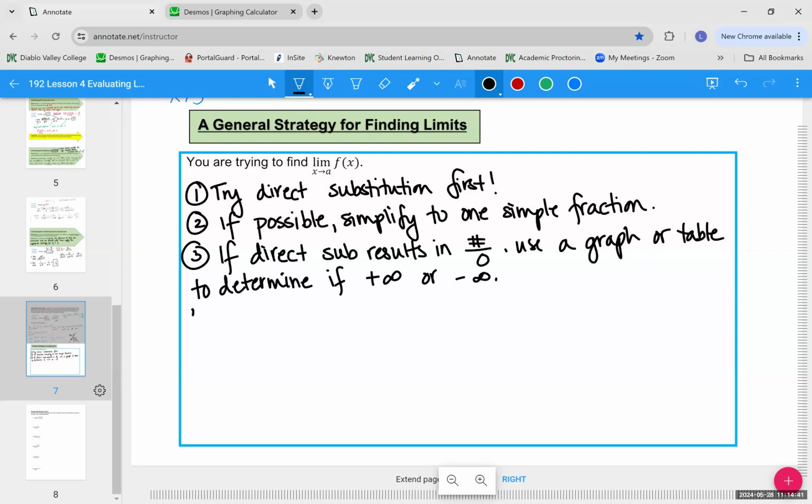So we know that a number over 0 is going to be an infinite result, and so you're going to try to figure out which way it goes.